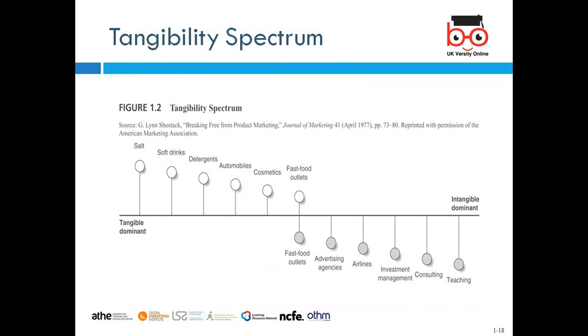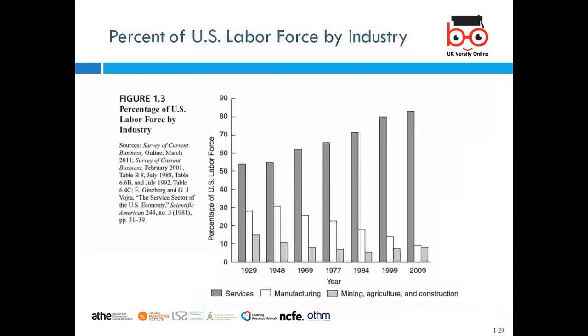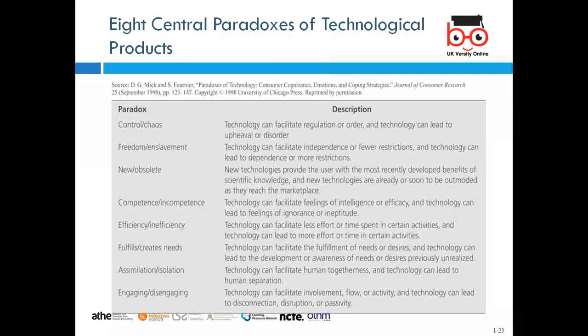Tangibility means the things we can see. We need to focus on the intangibility as well. The service industry is bigger than the product industry in the world and continues growing. These are the facts and figures.